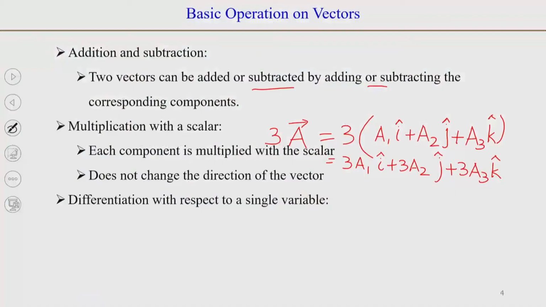Now, if you want to differentiate a vector with respect to a single variable, for example, time, you can differentiate each component of the vector and you will get the derivative of the vector.